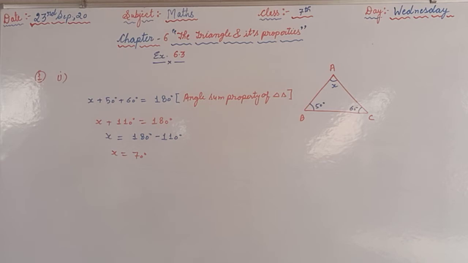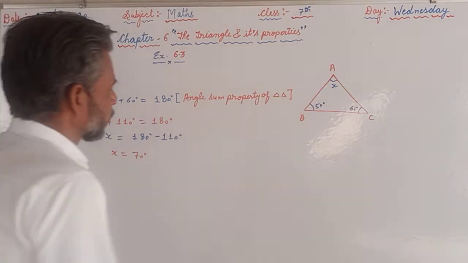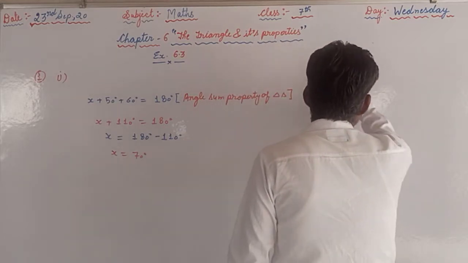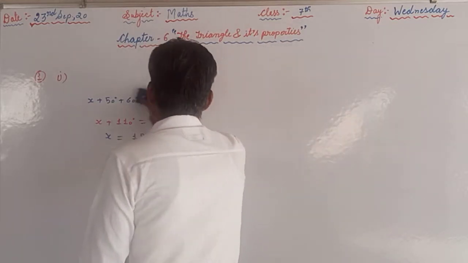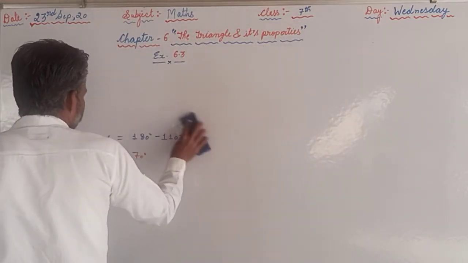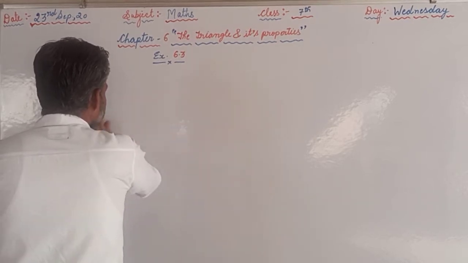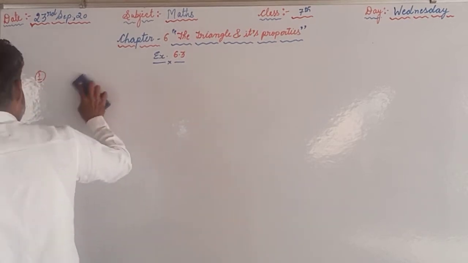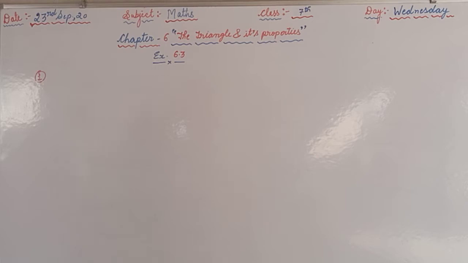We will take question number 1, part second. In the second part, one right angle triangle is given.